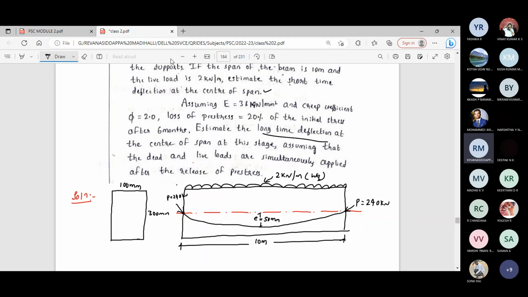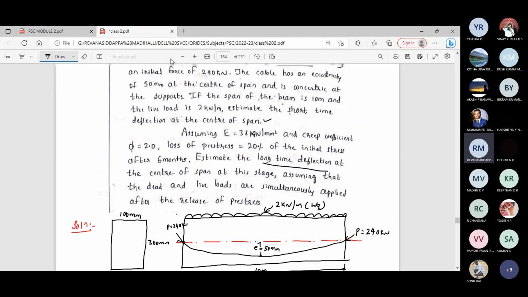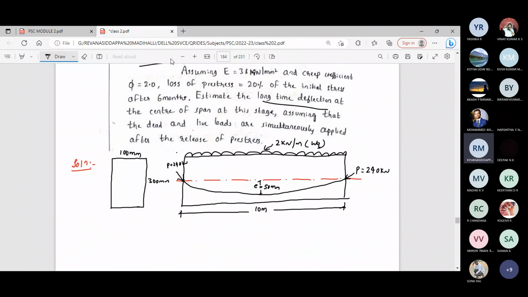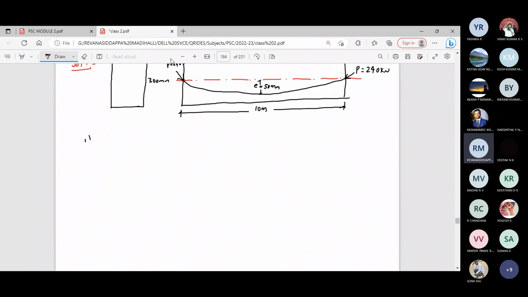Okay. Initially we'll solve the first question. That is, we'll solve for short-term deflection. So first, you write short-term deflection. This short-term deflection is the combination of deflection due to dead load, deflection due to live load, and deflection due to pre-stress.